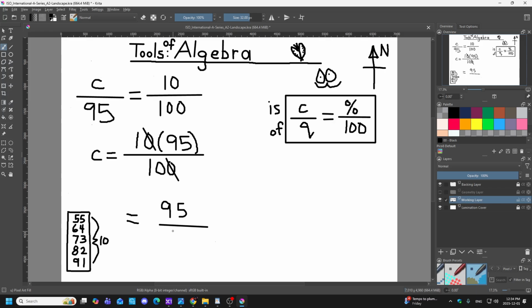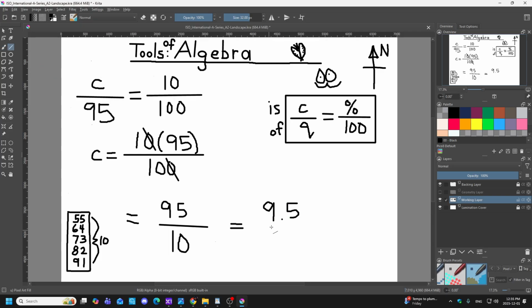So we could do the decimal place trick quickly. What we're going to do is we want our denominator to be 1. So we're going to move the decimal 1 jump to the left. So again, math is a balancing act. I'll show you the work.